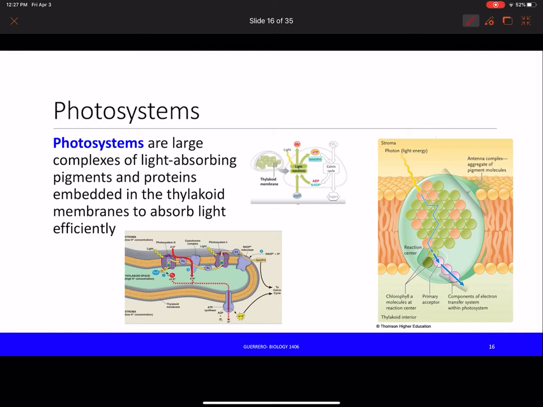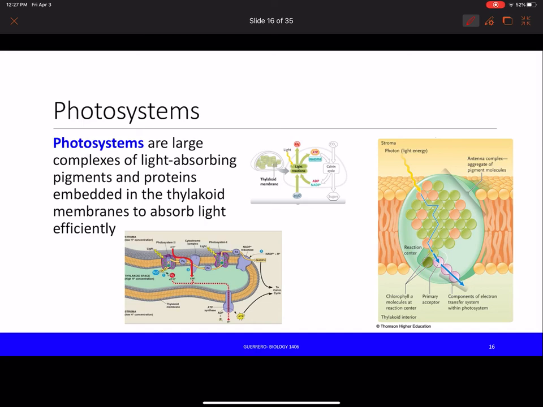Okay, so it's all well and good that these pigments can absorb the energy. It doesn't do us any good unless we can get them to electrons so that the electrons can be excited and then the electrons can move, and we can use that to make the ATP and stuff that we need to make. So how does your plant manage to do that? Well, it is going to use a set of systems called photosystems.